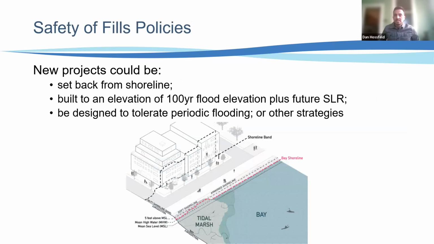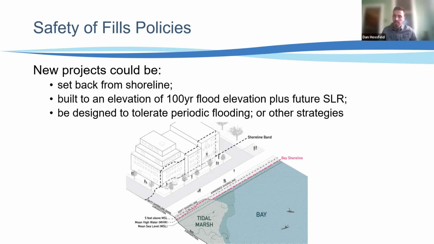The safety of fills policies are paraphrased here because it's quite long, but here are some of the basics that were added to the policies. Basically, projects could be set back from the shoreline to avoid future impacts. Projects could be built to an elevation of the 100-year flood elevation plus future sea level rise that's relevant to the lifespan of that project.